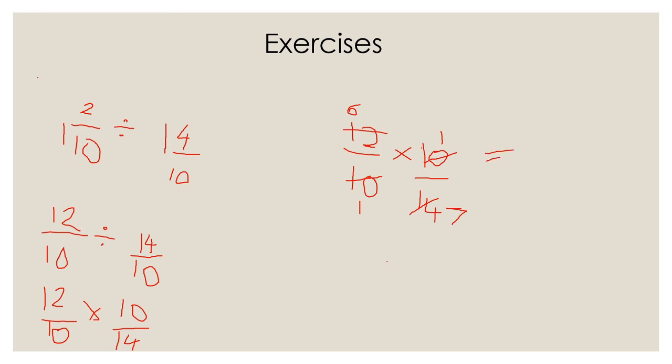So the final fraction that we got is 6 upon 7, because 6 multiplied by 1 is 6 and 1 multiplied by 7 is 7. So the final fraction is 6 upon 7.